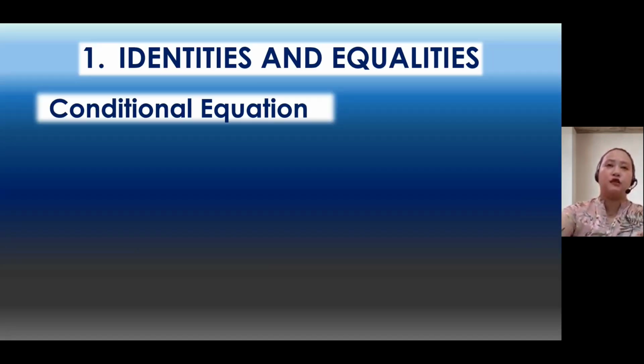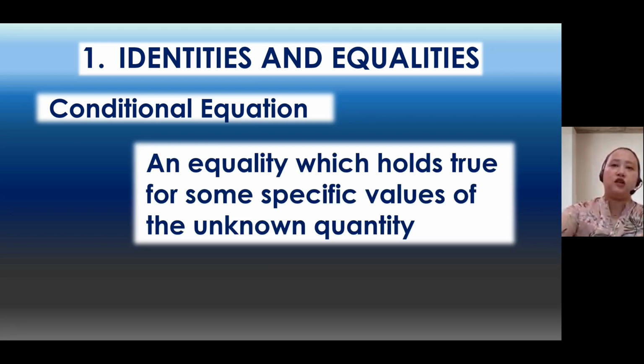And we have what we call a conditional equation. It is an equation in which equality will only be true for some specific values. Okay, for some, not all, because the identity equation is for all. This is some. It is possible that when you substitute a value for theta, there are instances that the left side is equal to the right side, but there are also instances that when you use a value, the left won't be equal to the right.